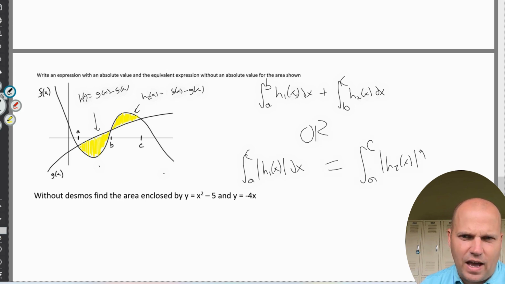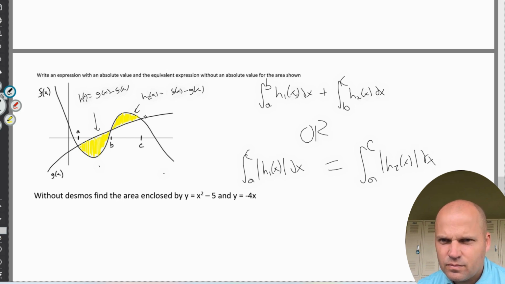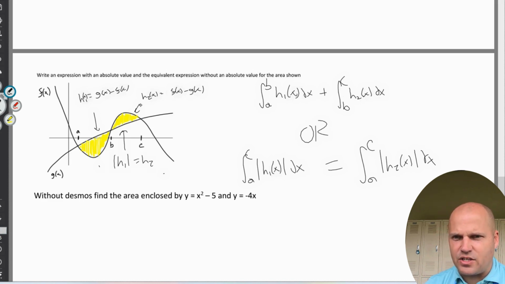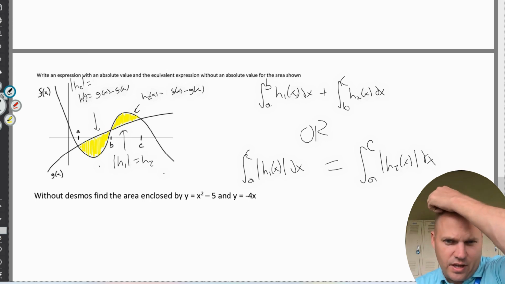Because if you use an absolute value, H1 absolute value equals a positive H2 here. Here, H2's absolute value would equal a positive H1. So we can use either of the other.